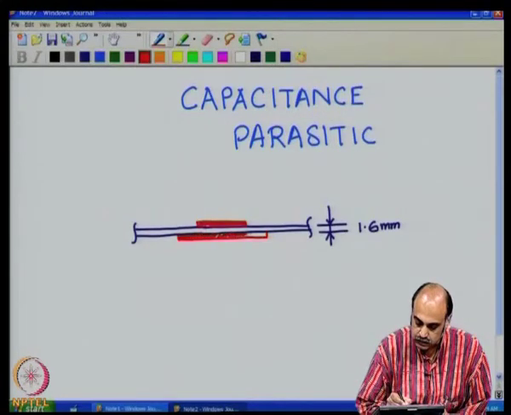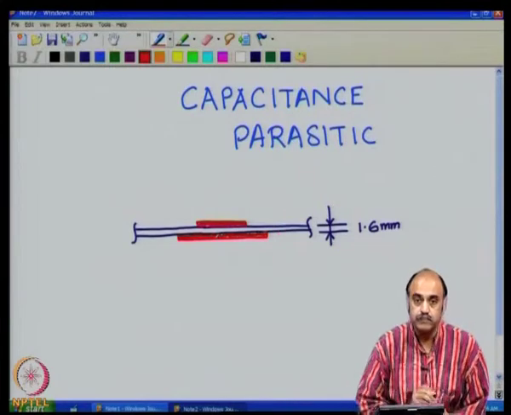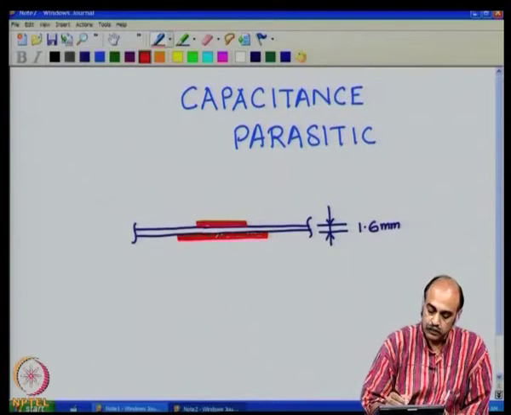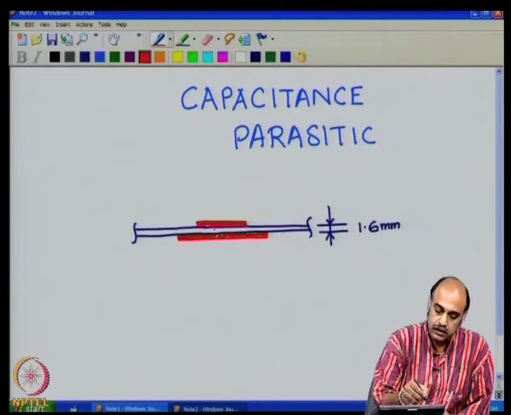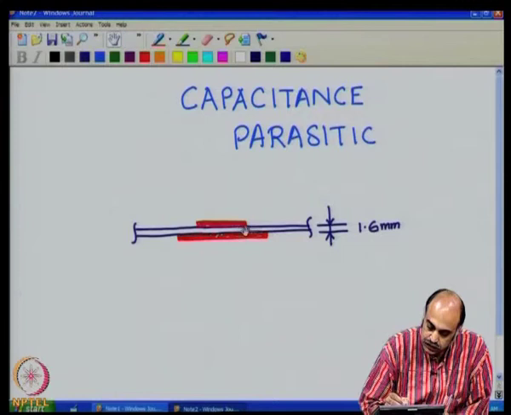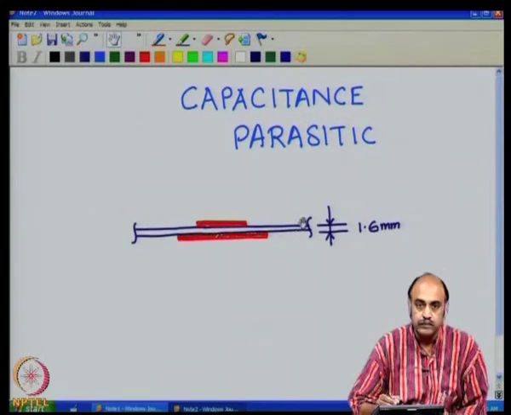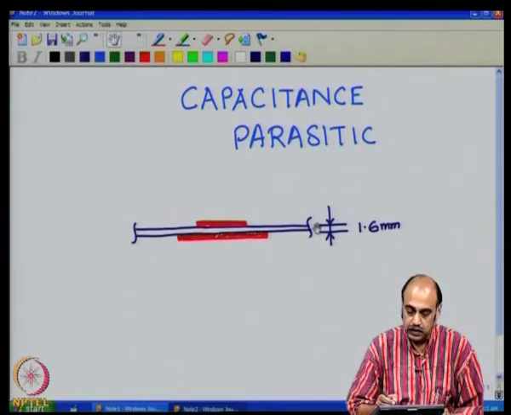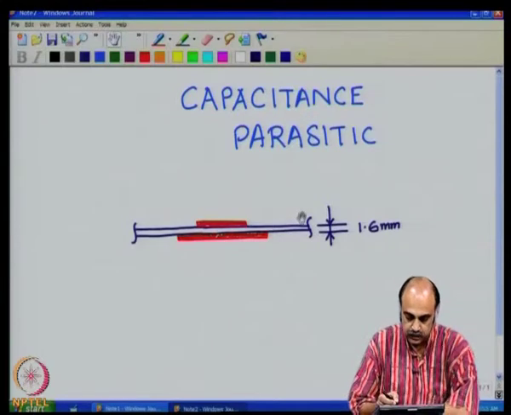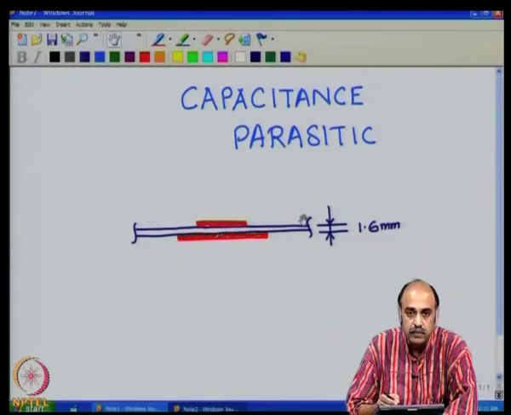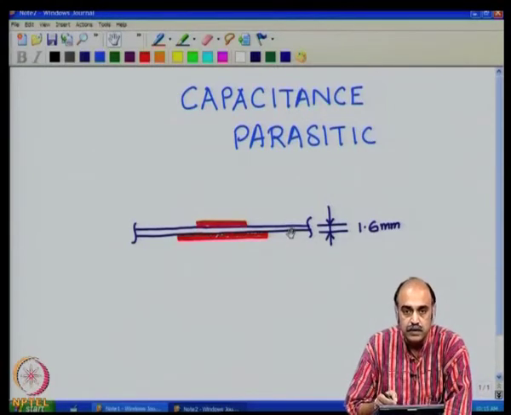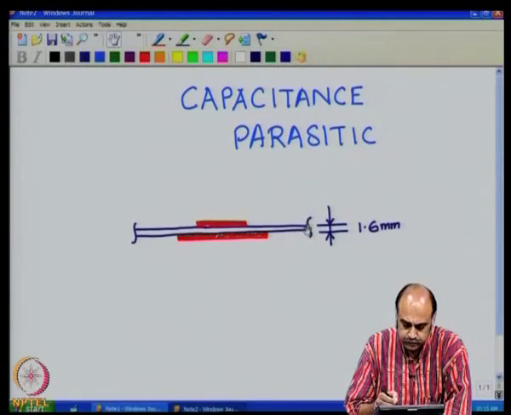Now, these copper tracks are separated by only this dielectric component, which is the PCB material, an epoxy material which has a finite relative dielectric strength. It is called a permittivity. The dielectric constants are different for different materials.